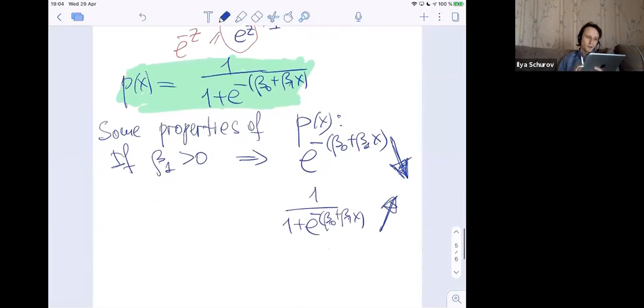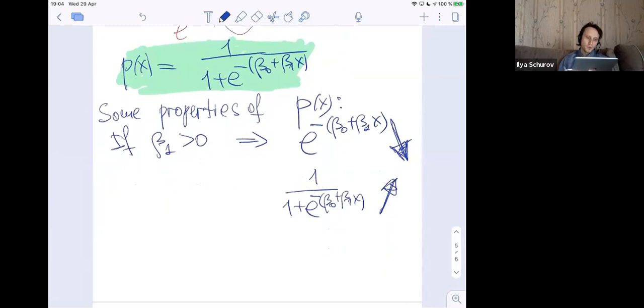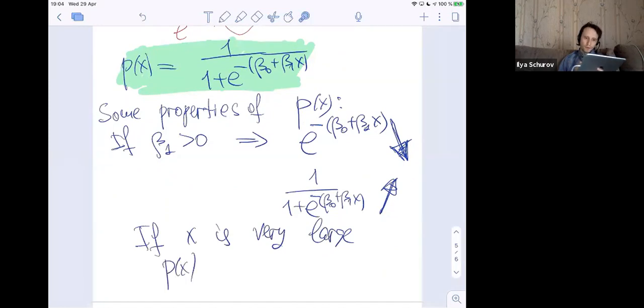So we can think a little bit about other properties. For example, if x is very large, what can you say about p of x? Again, I assume that beta1 is positive. If x is very large, what can I say about p of x?